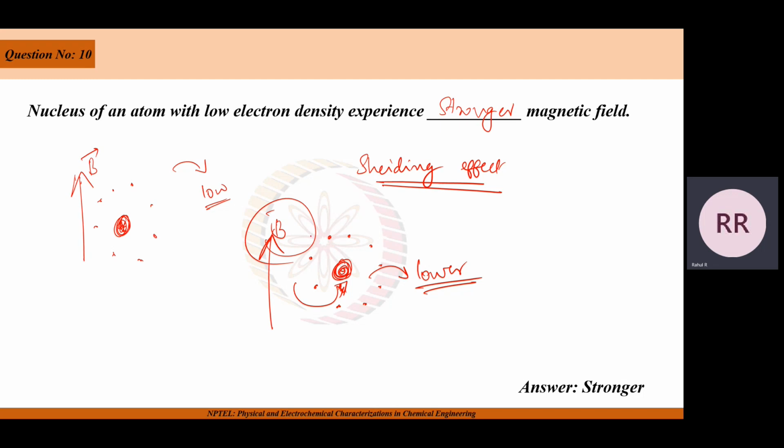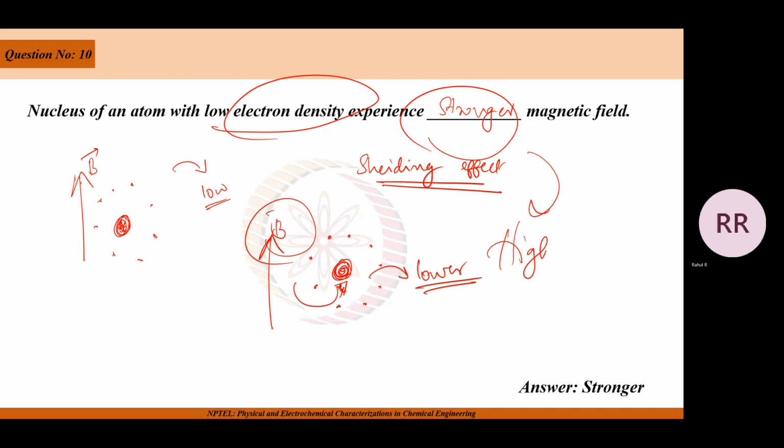So the answer to this question is that the nucleus of an atom with low electron density will experience a stronger magnetic field when compared to the magnetic field experienced by the nucleus of an atom with higher electron density.